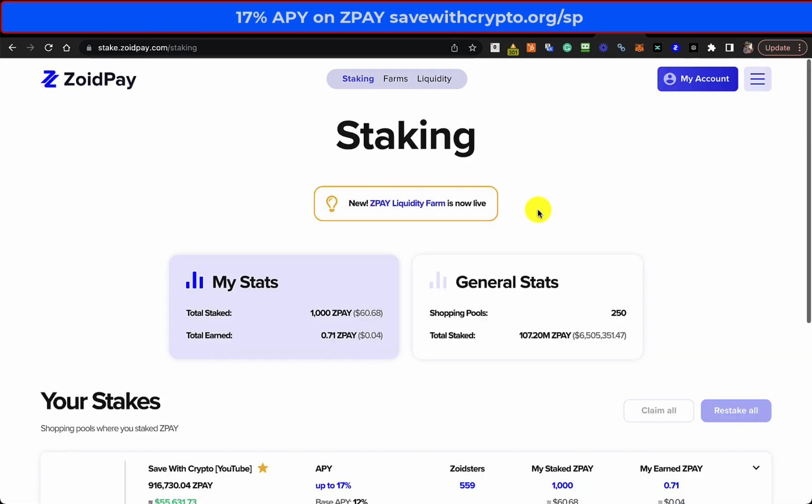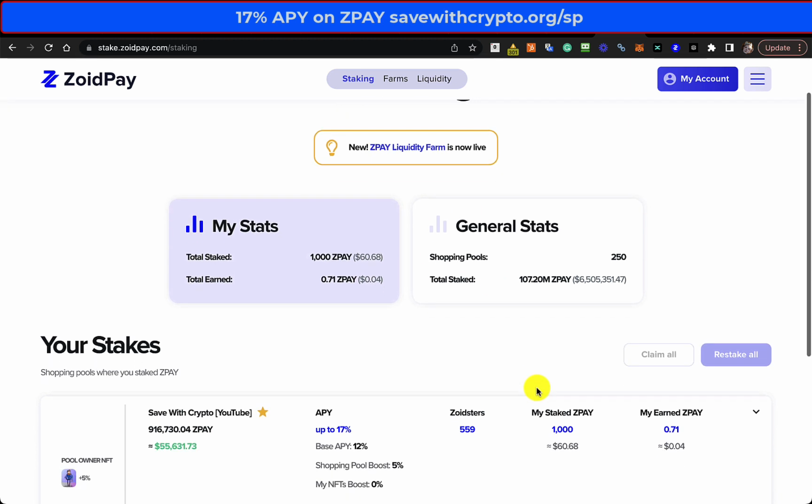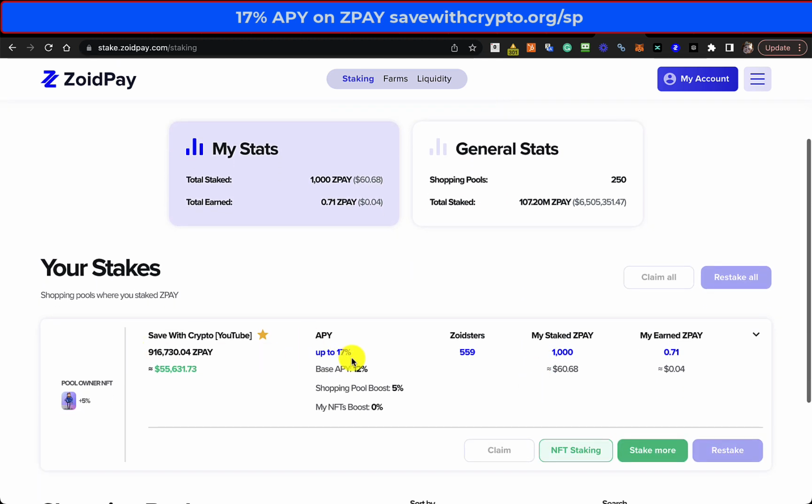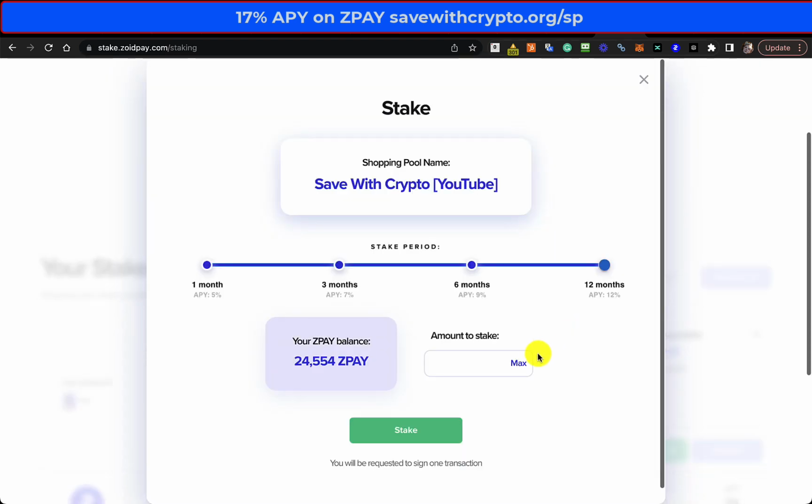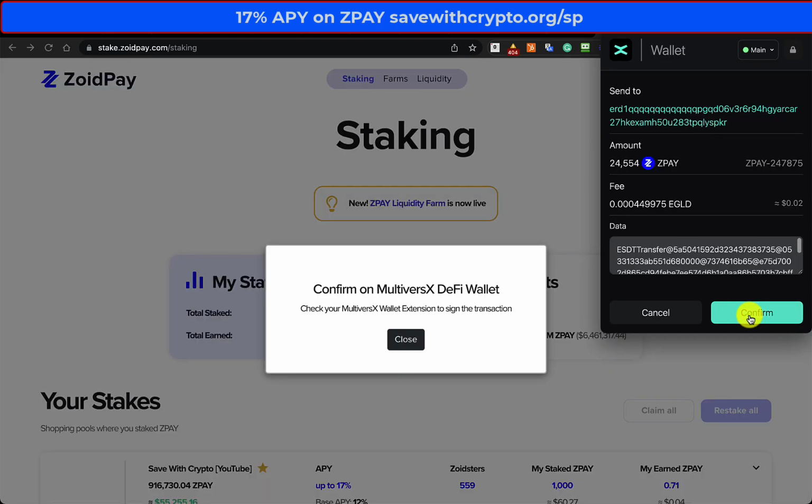Now, the only other thing I want to do now is to just stake the rest of the ZoidPay in the shopping pool, and of course I'm going to use my own one because it's the best. So that's Save with Crypto YouTube, I've called it, and I'm just going to go stake more here. So I just go for maximum and stake.